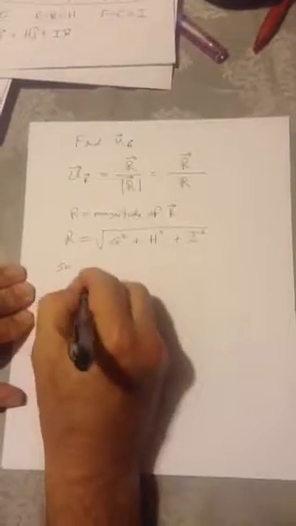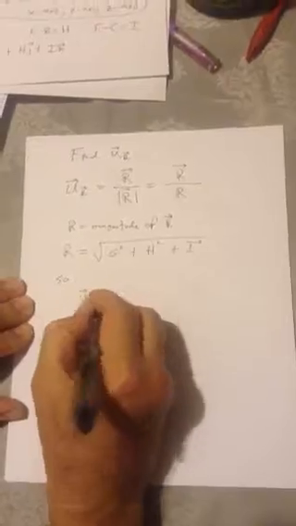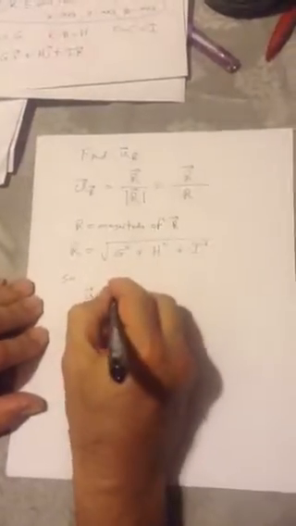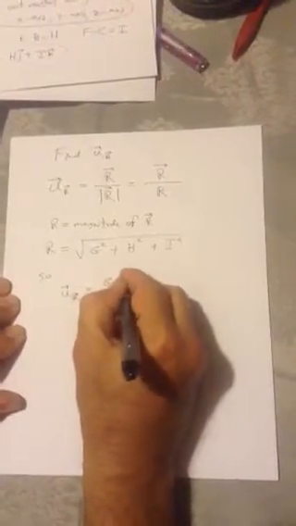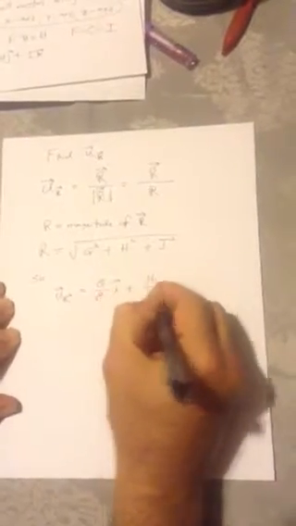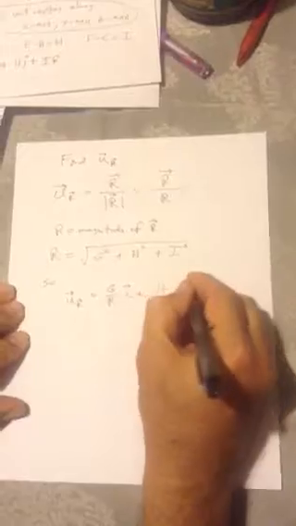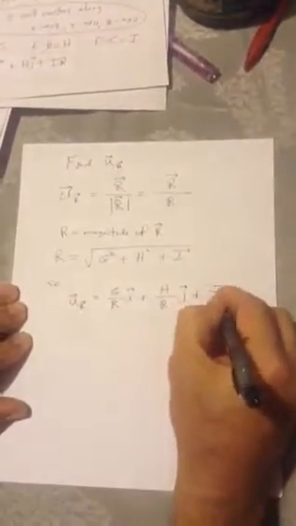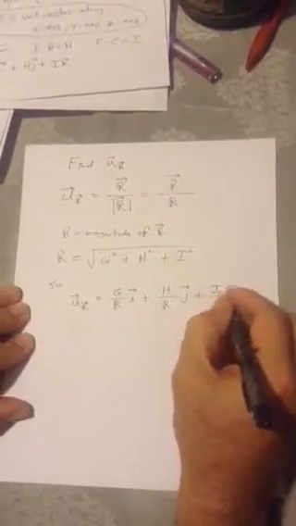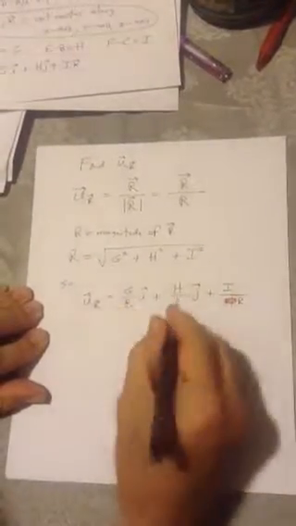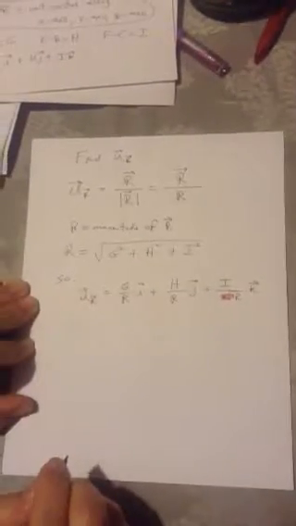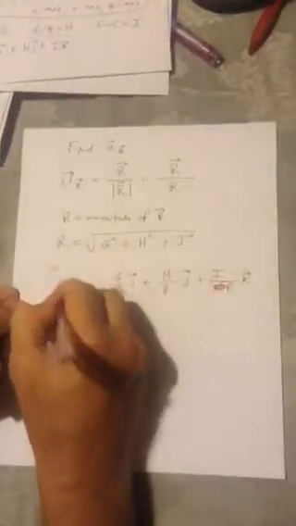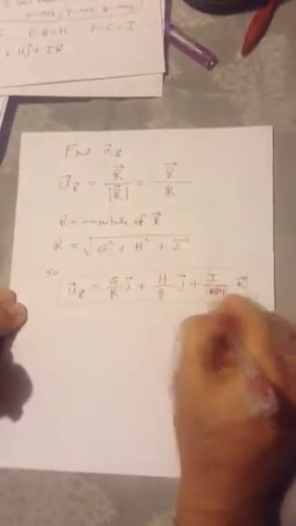So the unit vector along the vector R will be G divided by R times unit vector I, plus H divided by R times unit vector J, plus I divided by R, these are all R's, times unit vector K. And this is the result that we need.